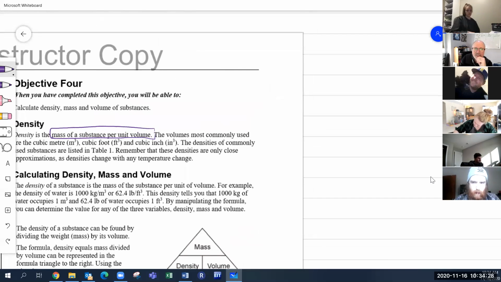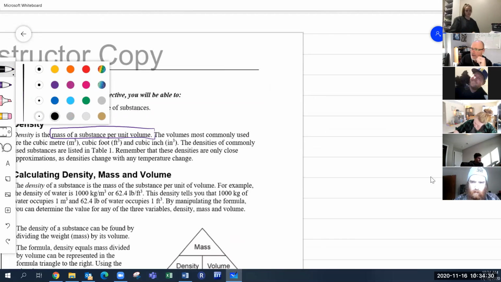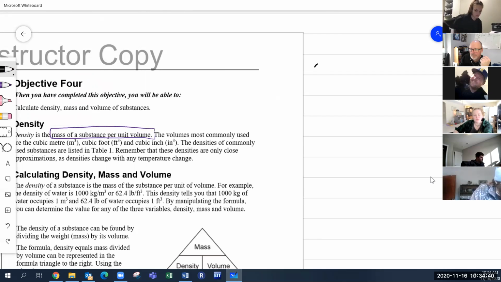Can somebody tell me what is the mass of 1 cubic foot of water? Anybody? Isn't it 62.4 pounds? That's right, 62.4 pounds per cubic foot.